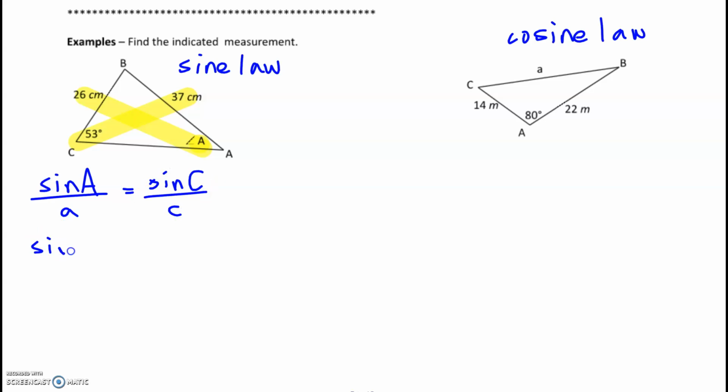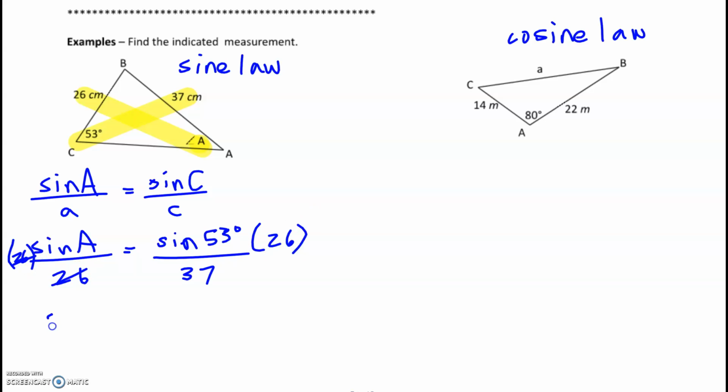All right, let's do substitution. So it's sine A over 26 equals sine 53 degrees over 37. I want to get sine A by itself, so I'm going to multiply both sides by 26.